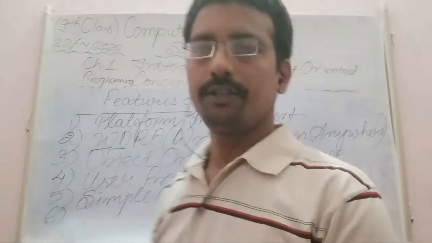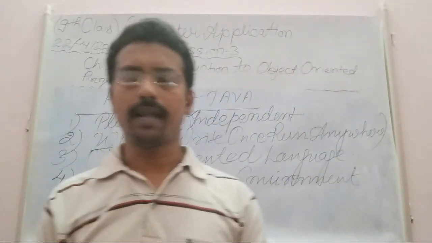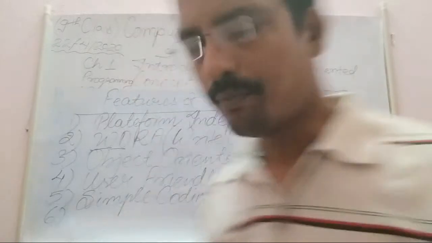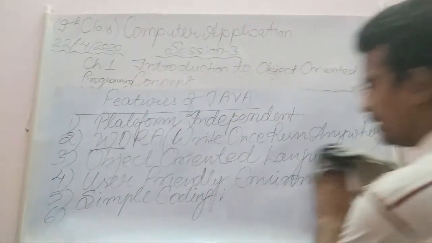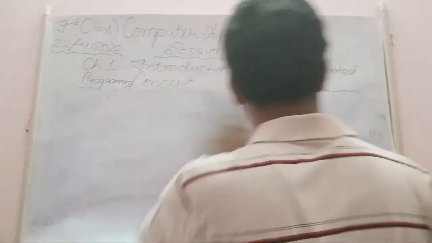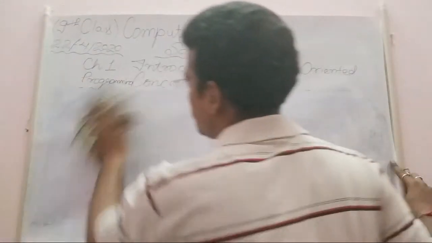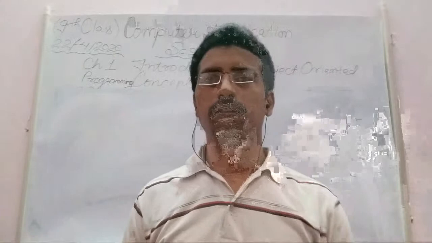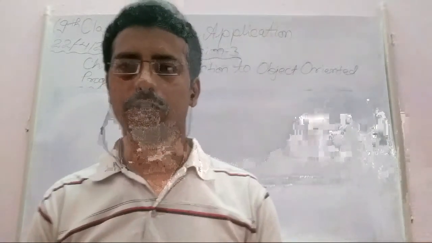Next, secure environment. What is secure? At this point, I will tell you that suppose you have developed software in Java, and after developing the software, you have installed the software in a computer.